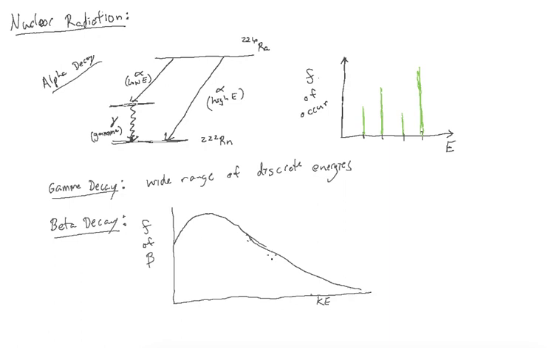It looks very continuous. But this continuousness of it, which really didn't fit the quantization that was being seen elsewhere, was explained with the idea of the anti-neutrino being produced with the beta decay. If you remember, the beta decay had to have that little anti-neutrino in there to account for that momentum shift.